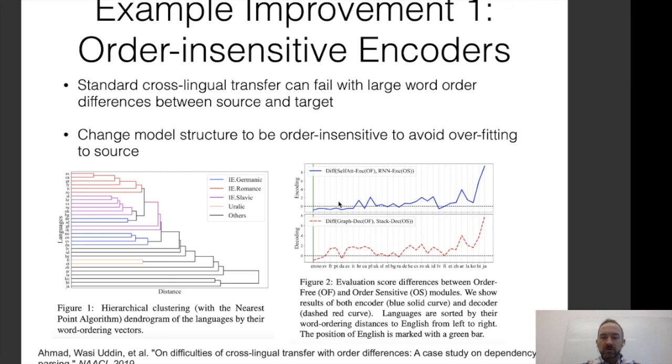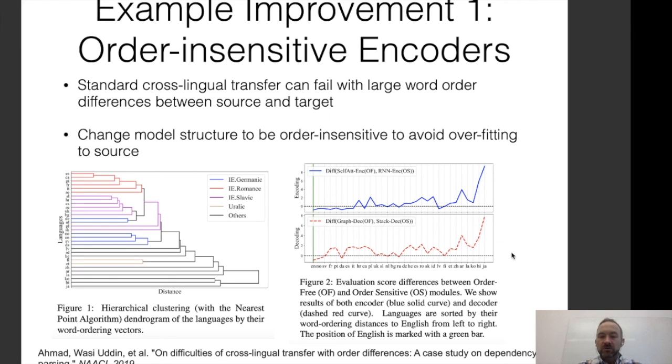And an interesting result that they found was that both when you use the encoder and the decoder, if you have the most similar languages to English, you have a small drop in accuracy when you have an order-insensitive decoder or encoder. So one example of an order-insensitive decoder is that the BiAffine parser is actually less sensitive to order than the transition-based decoder that I talked about before.